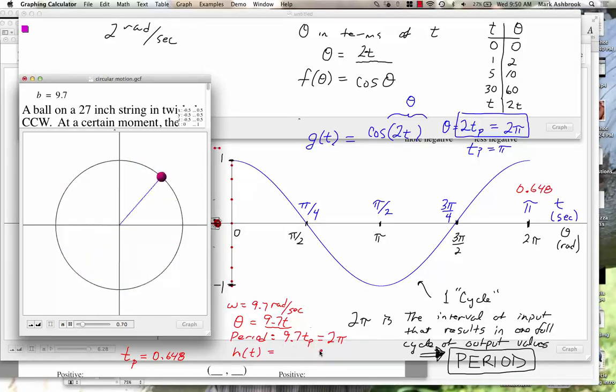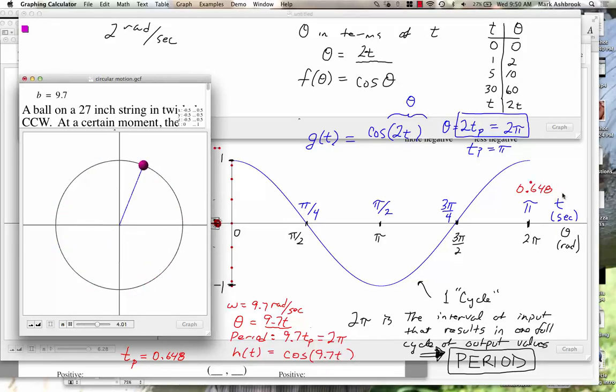Okay, what is the function? Nick? If we want the output to be horizontal distance to the right of the vertical diameter, what kind of function should it be? Cosine. And what goes into cosine is always angle measure. But our input is t, so what angle measure do we have in terms of t? 9.7 t.